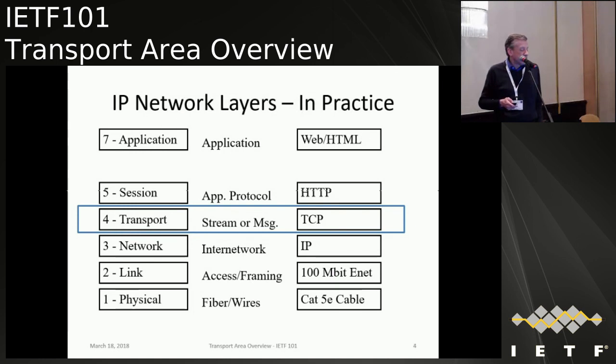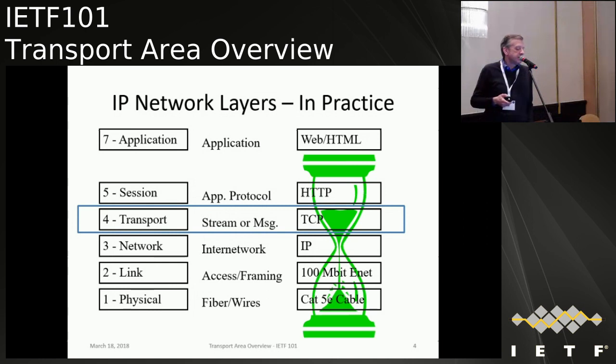In practice, two points. Layer 6 doesn't really exist. We get up to about layer 5, and then it's other stuff that happens inside the layer 5 protocol. And the other thing is that the network stack for the internet is often referred to as an hourglass stack or architecture, where IP is the thin point of the hourglass.